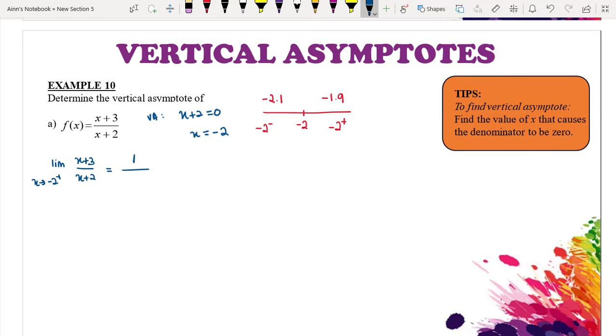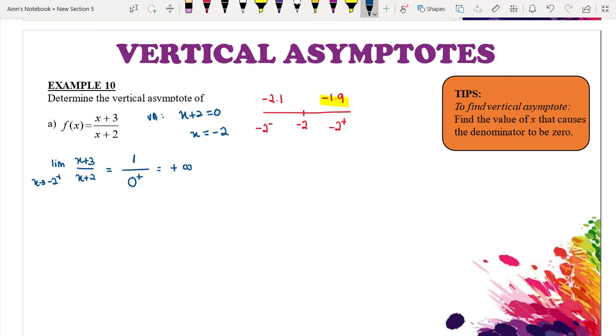So what we need to do is use the value from the right, which is negative 1.9. Negative 1.9 plus 2 gives a positive number. So here it will be 0 from the right. So 1 over 0 positive, you will get positive infinity.